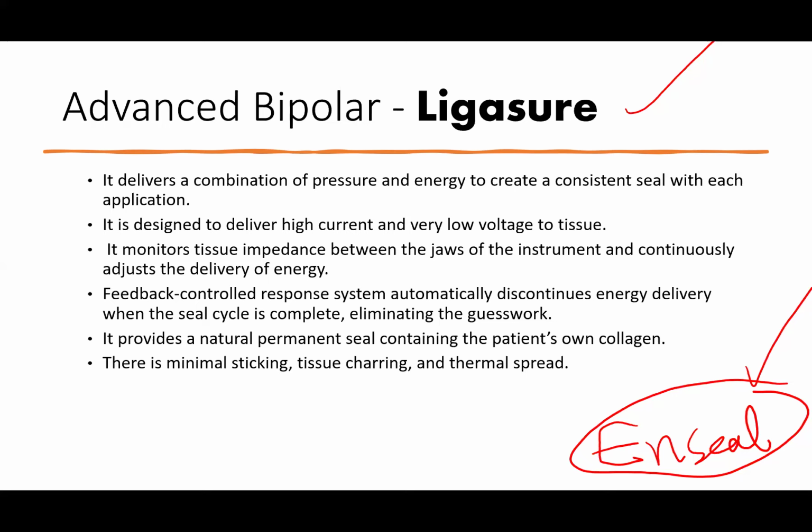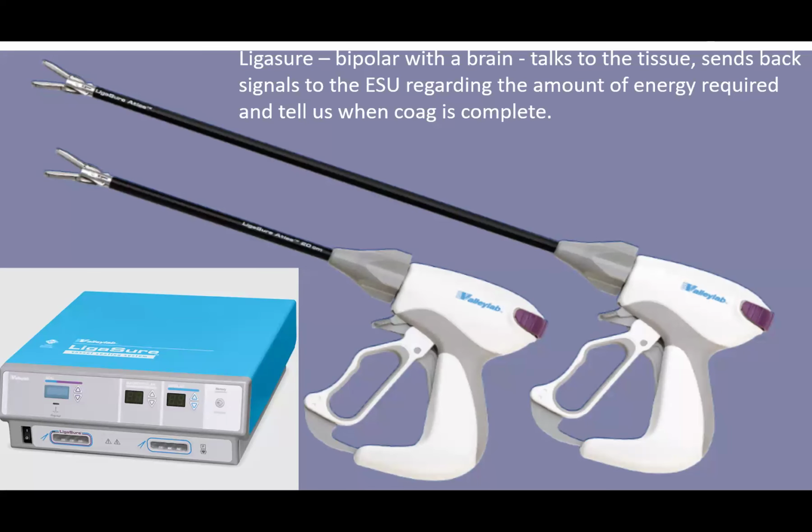So this instrument is designed in such a way that it has both a cutting and coagulating tip. When you grasp a tissue and seal, when the vessel is completely sealed, it will make an alarm.